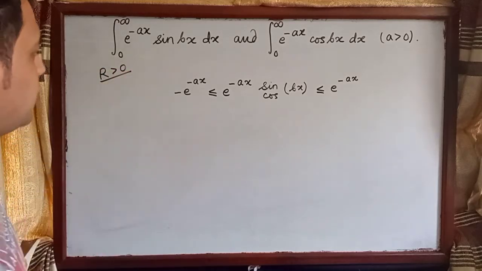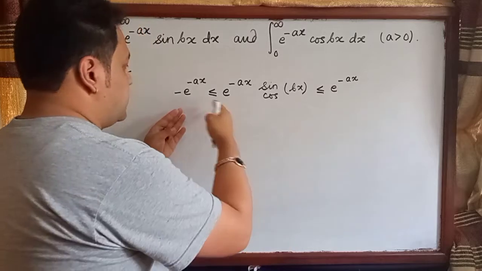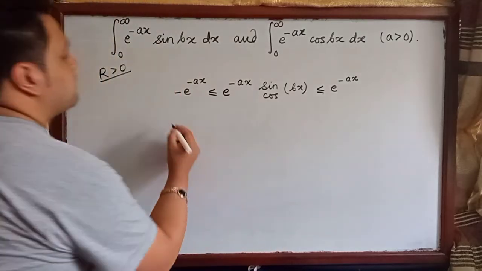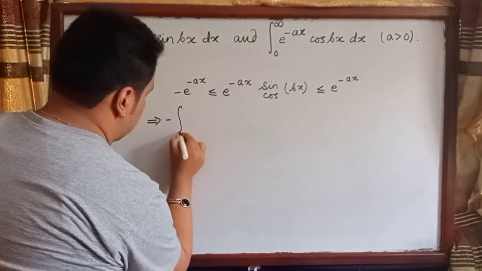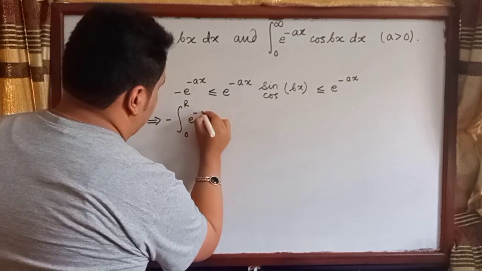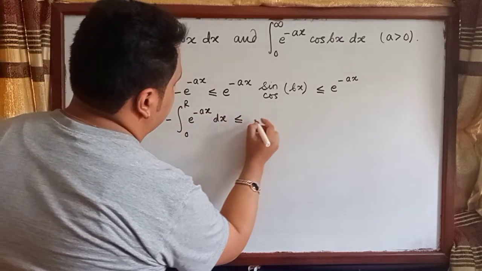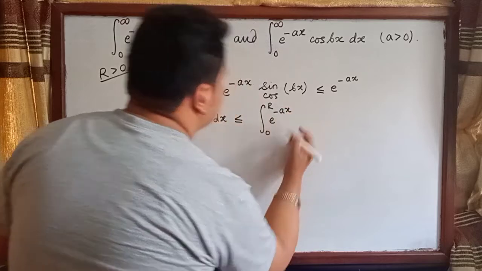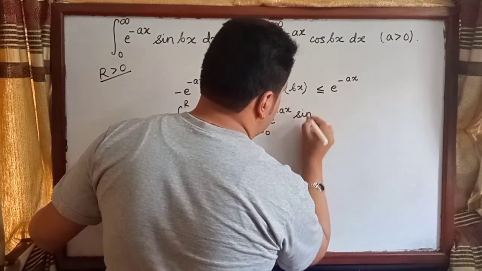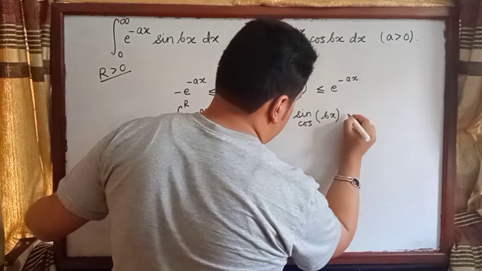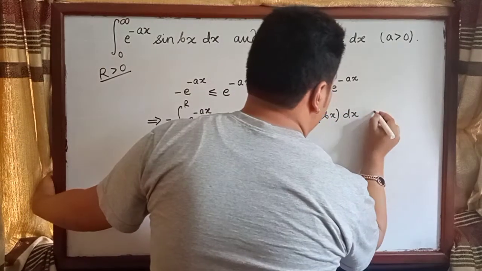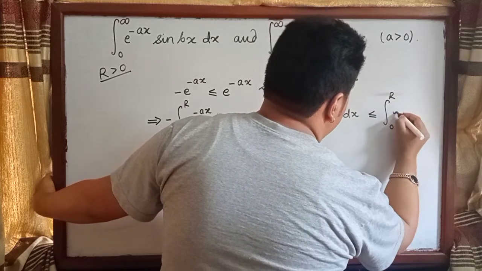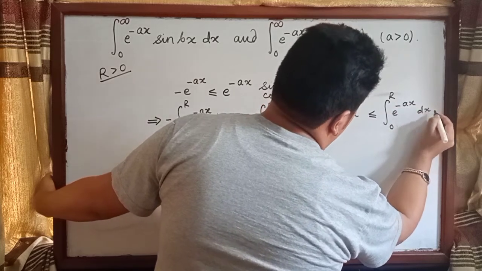Then these are really nice functions, so we can integrate them, and by the monotonic property of Riemann integrals, we get minus the integral from 0 to r of e to the power minus ax dx is less than or equal to the integral from 0 to r of e to the power minus ax times either sine or cos bx dx, which is less than or equal to the integral from 0 to r of e to the power minus ax dx.